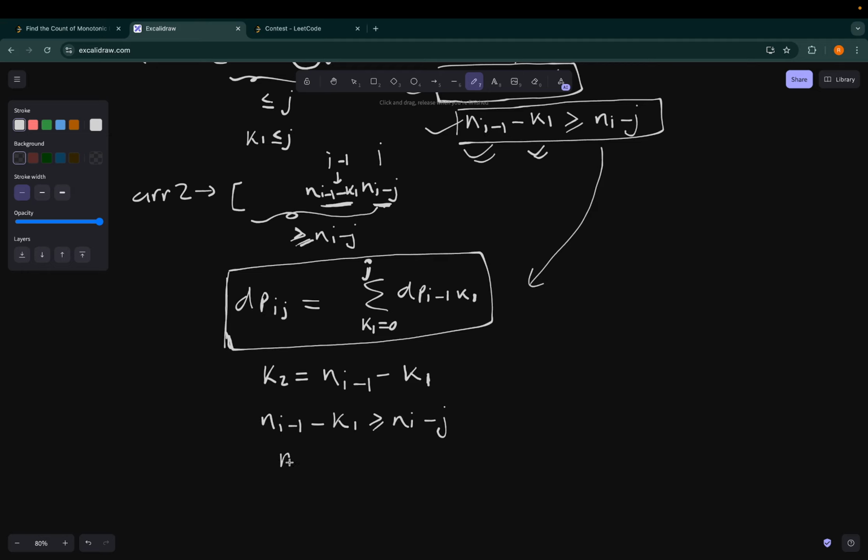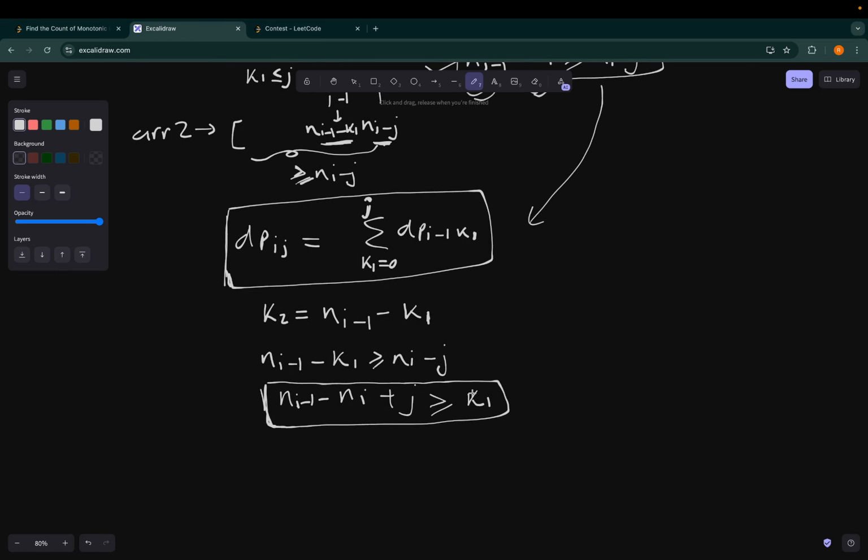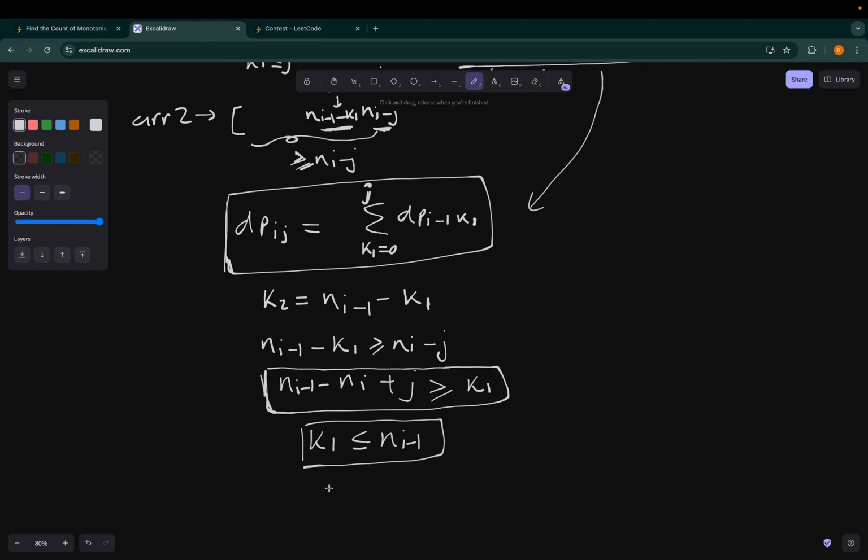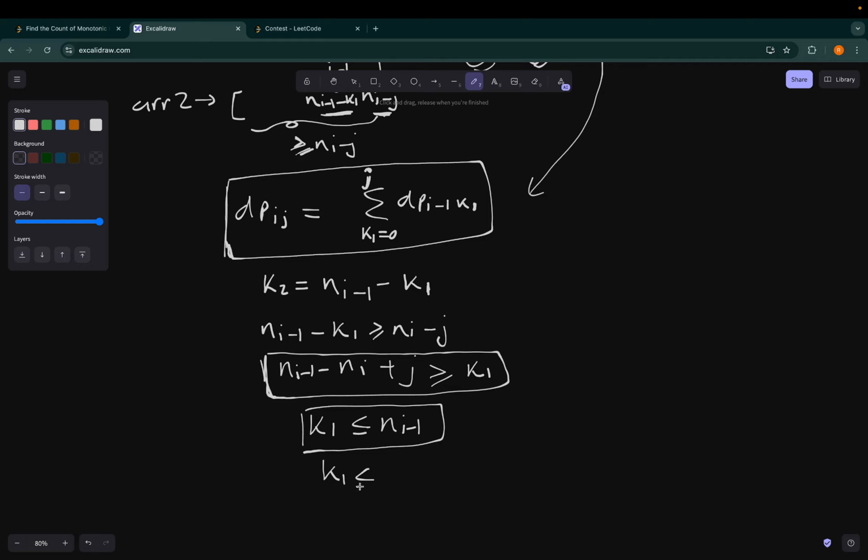What that implies is that nums of i minus 1 minus nums of i plus j should be greater than or equal to k1. So now we have a bound on k1, on how much we can iterate on k1. Yeah, we have this bound here, but your k1 should also be less than or equal to nums of i minus 1, right? This is the other bound that we have, and the third bound is that k1 should be less than or equal to j.